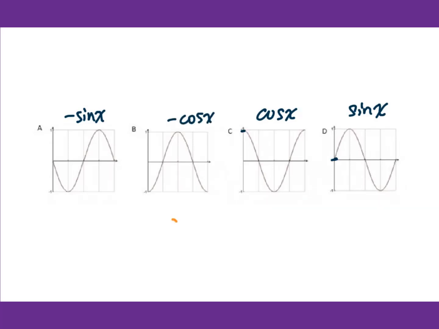When you're looking for this C, you have to draw the pattern of each function, like negative sin x or negative cosine or sin x. This C we call the starting point.